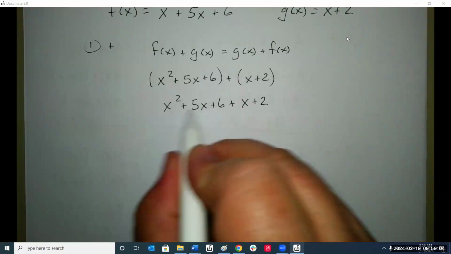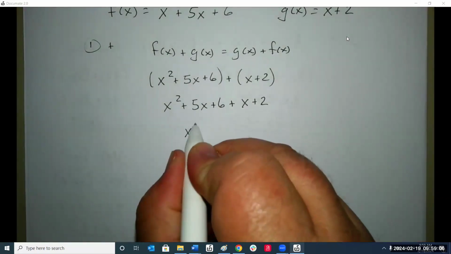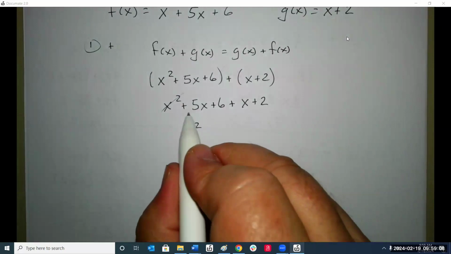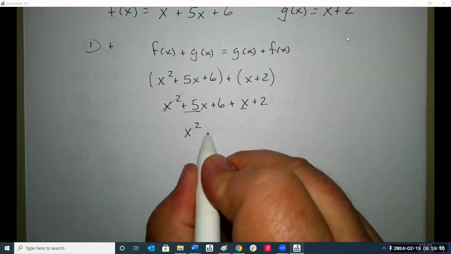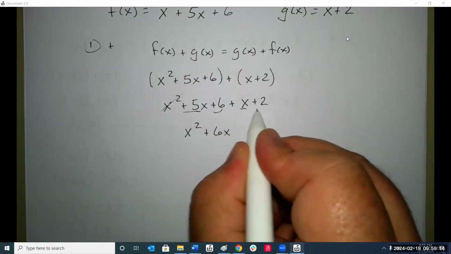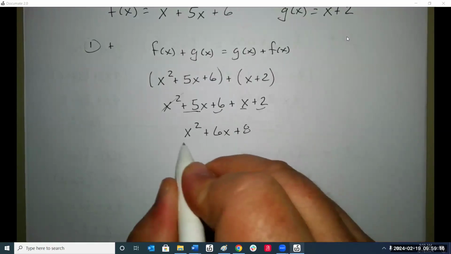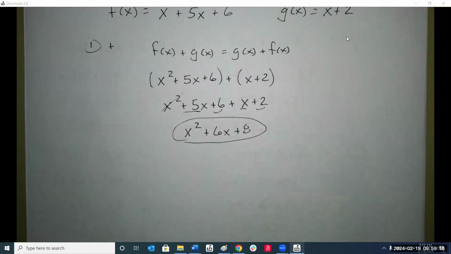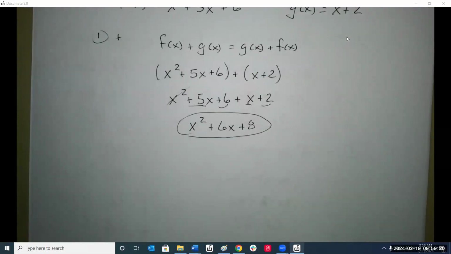Combine like terms. There's only one x squared. 5x plus x makes it a positive 6x. 6 plus 2 makes it 8. So there's your sum of two polynomials.